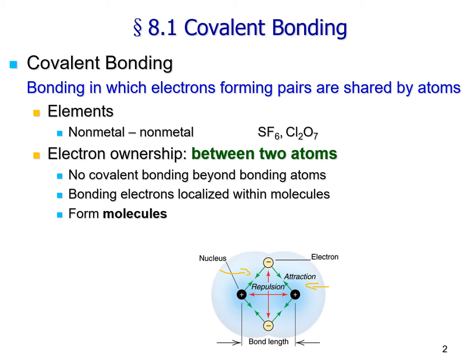Just like this bonding illustrated in the hydrogen molecule, we realize there's no covalent bond beyond the bonding atoms. So that means, of course, we are not going to see some sort of attraction to another atom of hydrogen or any other atoms. This does not exist.